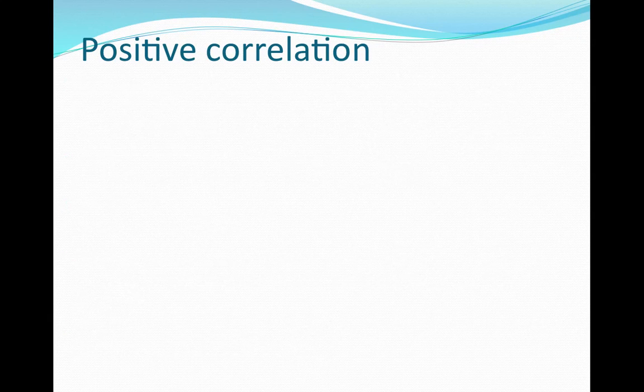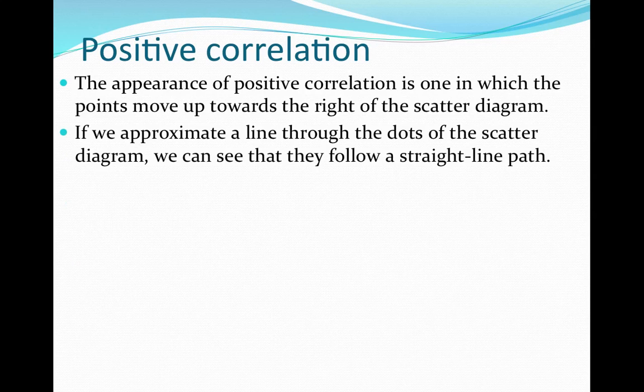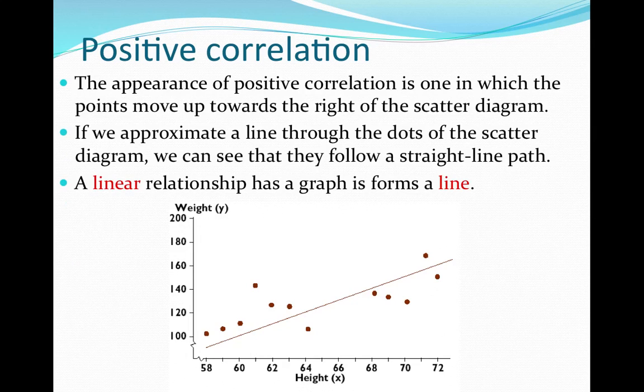Let me give a visual of this. If we take a look at the low measurements for height right here at the left side of the horizontal axis, the low measurements for height, 58 to 60, are associated with low measurements of weight, about 100 to maybe 110. That's what these dots show down here.